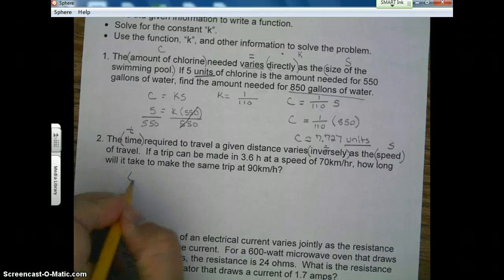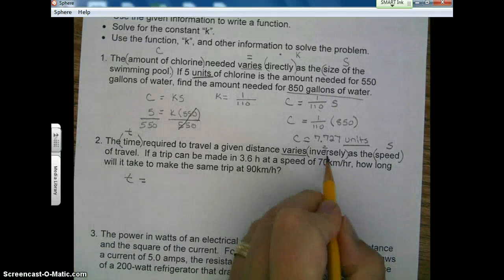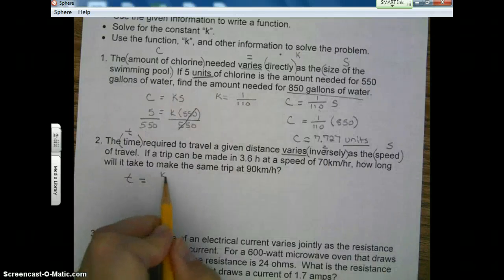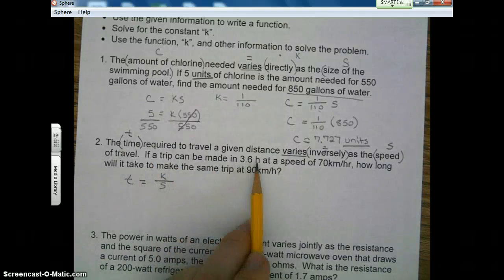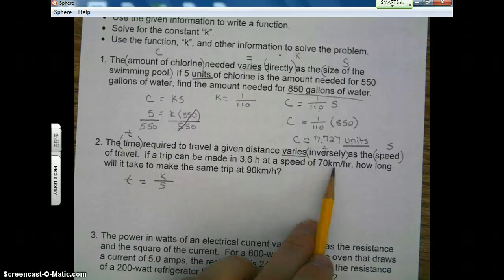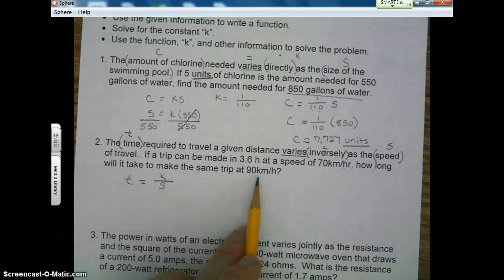Okay, T, the word varies, equals, divide, K always goes on top, over S. If a trip can be made in 3.6 hours at a speed of 70 kilometers per hour, how long will it take to make the same trip at 90 kilometers per hour?